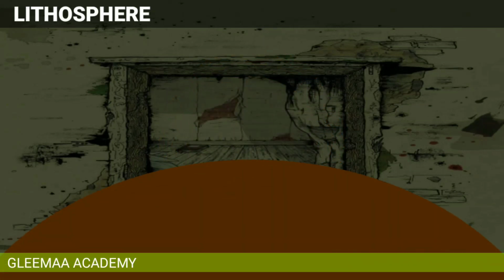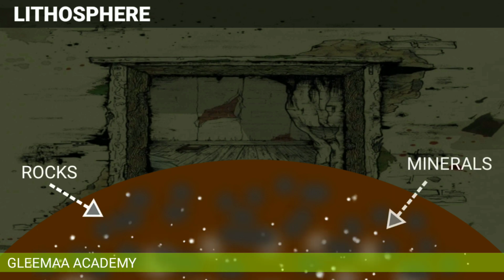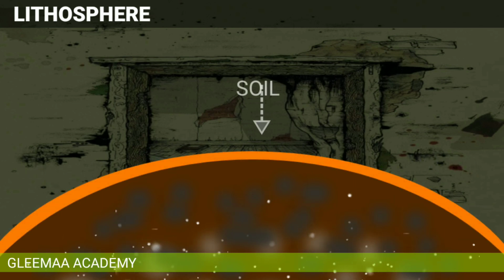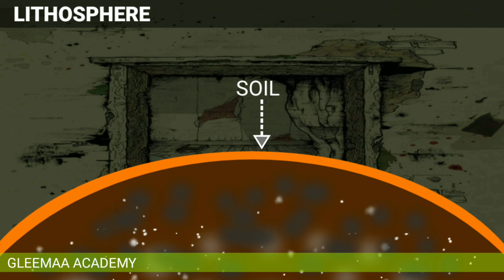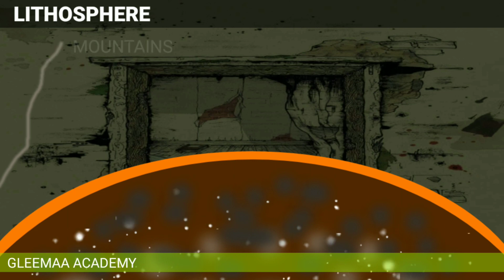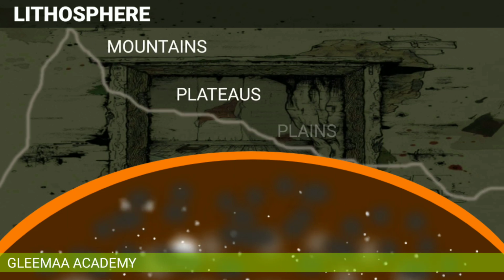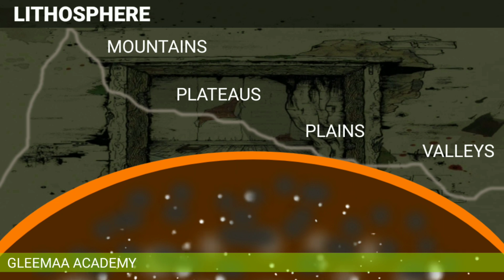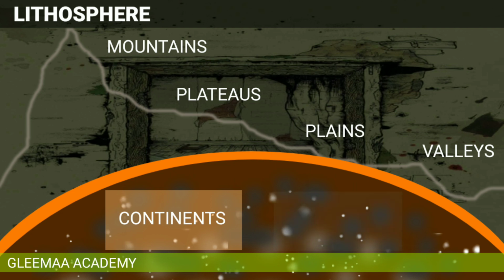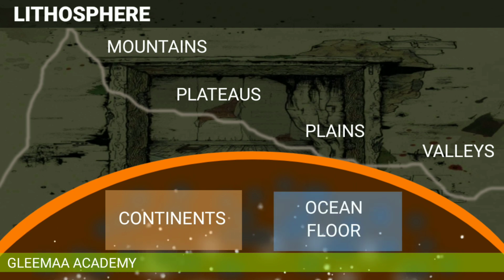Lithosphere is the solid crust or hard top layer of the earth. It is made up of rocks and minerals and covered by a thin layer of soil. It is an irregular surface with various landforms such as mountains, plateaus, plains, valleys, etc. These landforms are found over the continents and also on the ocean floor.